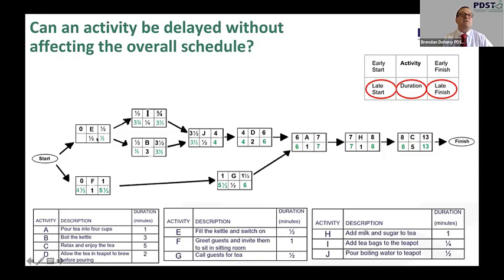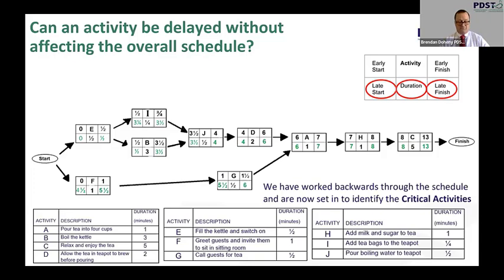So then if we just finish this chart here, half minus half, we're back to 0. And now we're ready to identify critical activities and the critical path. This has been referred to as a backward pass.